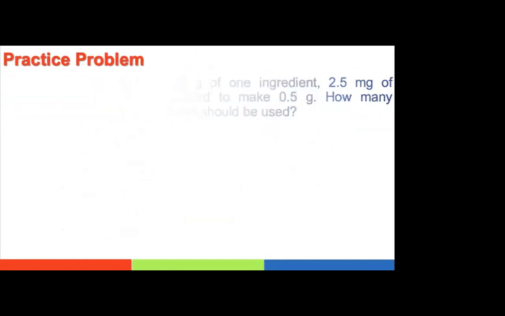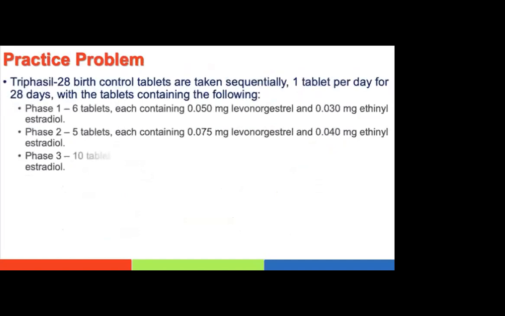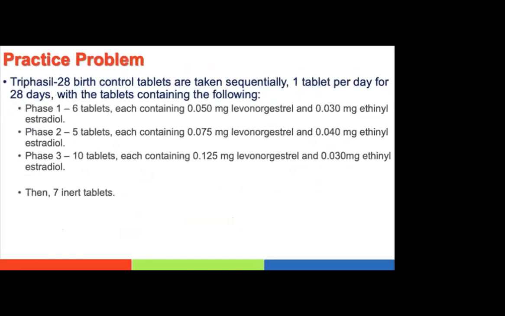Sige. Can you solve this? 1 minute to answer this. Tripacil 28 birth control tablets are taken sequentially, 1 tablet per day for 28 days, with the tablets containing the following. For the first phase, 6 tablets containing 0.05 milligram levonorgestrel and 0.03 milligram ethinyl estradiol. For the second phase, 5 tablets containing 0.075 milligram levonorgestrel and 0.04 milligram ethinyl estradiol.